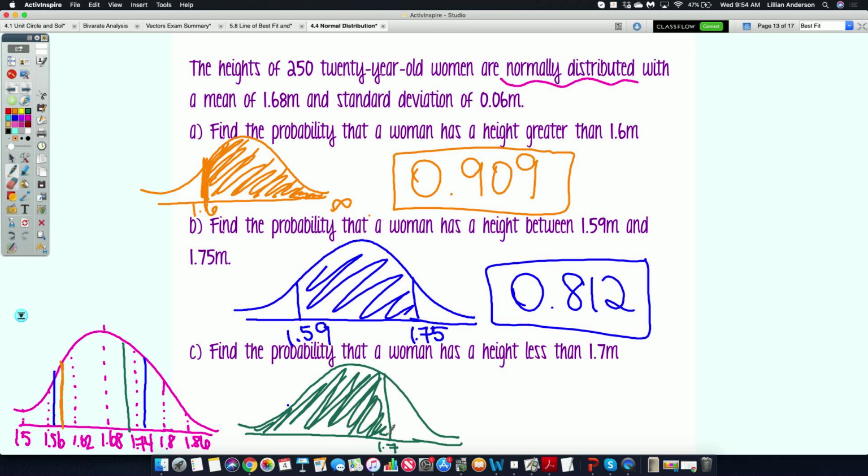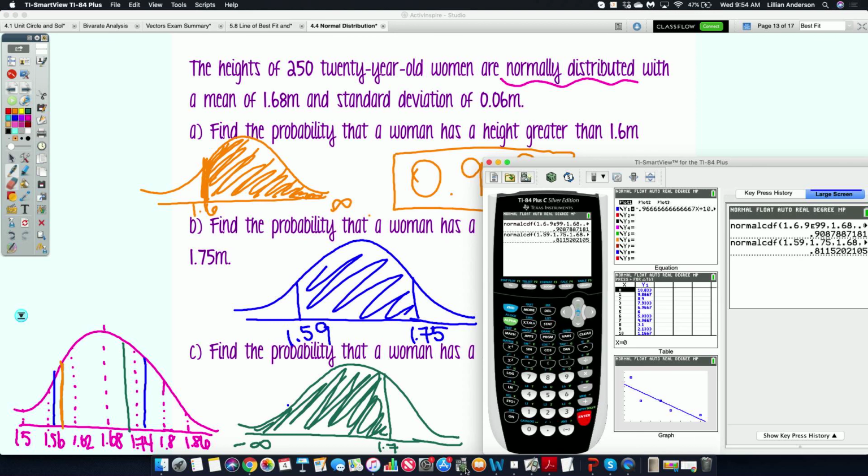What's the number over here? Negative infinity. So basically in my calculator, I'm going to do negative 9E99. How do I get the E again? Second comma. Is that my lower or my upper bound? Lower. So negative 9, second comma, 99. My upper is 1.7. My mean and my standard deviation stay the same.